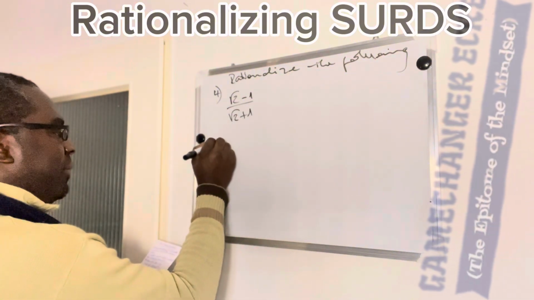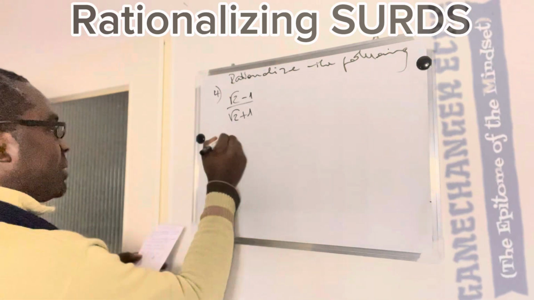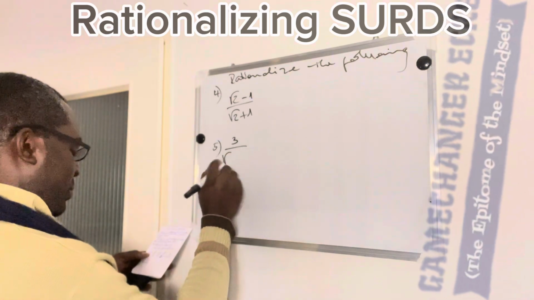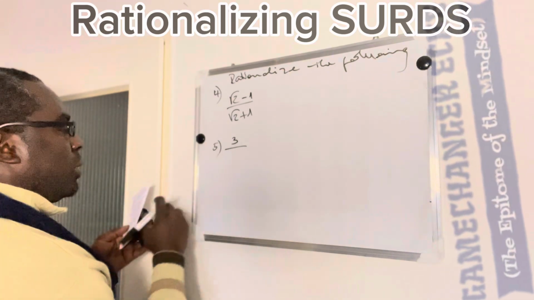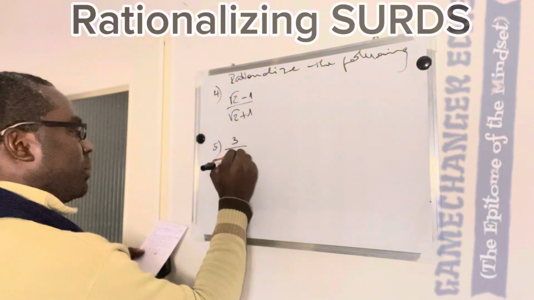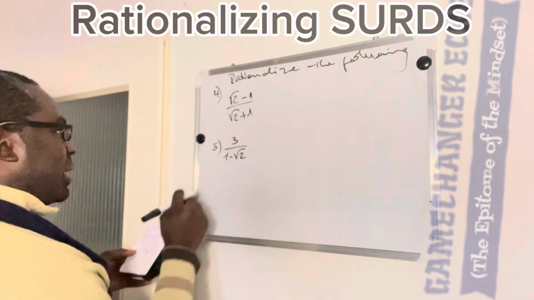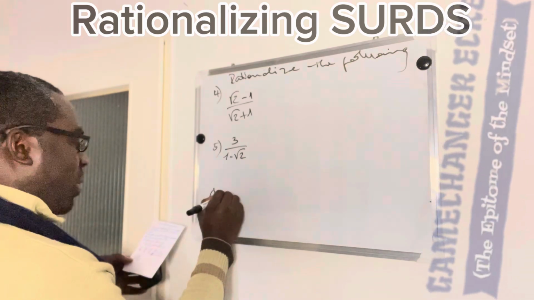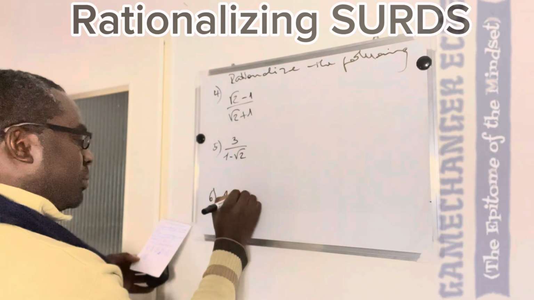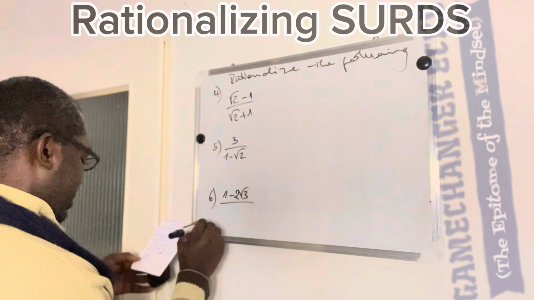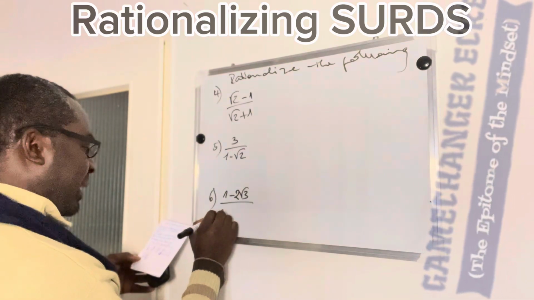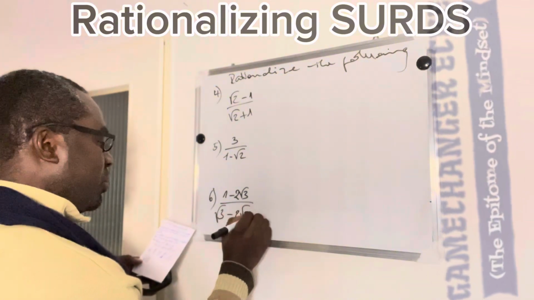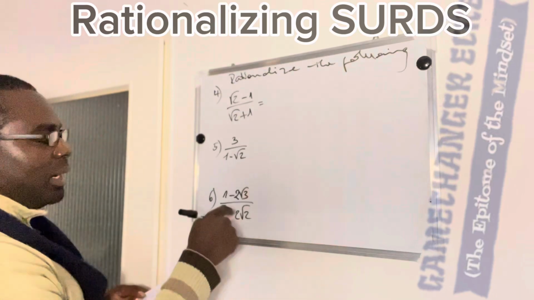And number 5, we have been asked to rationalize 3 on 1 minus root 2 as well. And this one will be number 6: 1 minus 2 root 3 on root 3 minus 2 root 2, to rationalize this. So let's do this one and you do the last one.